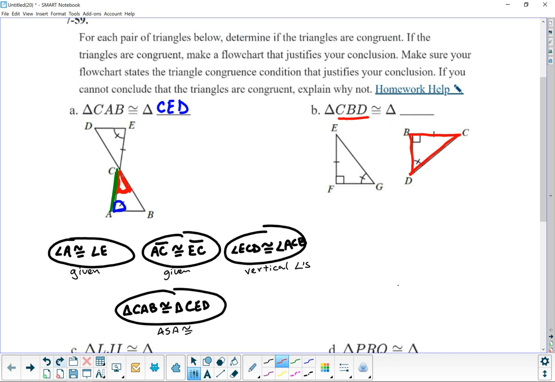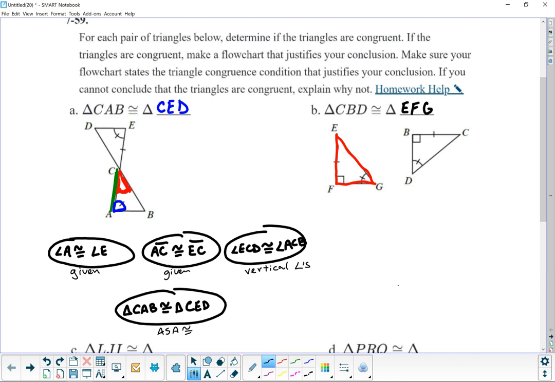So if I want to match that up, I have to call this E, which has no angle, F, which has a 90, and then G, which has the one angle. So E, F, G. I'm going to say that triangle CBD is congruent to triangle EFG.